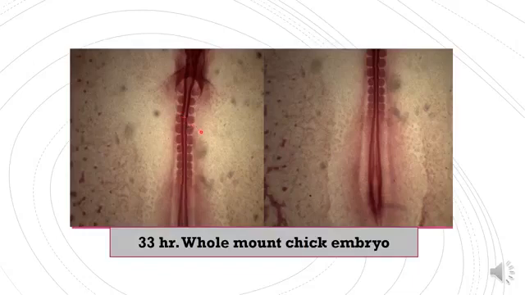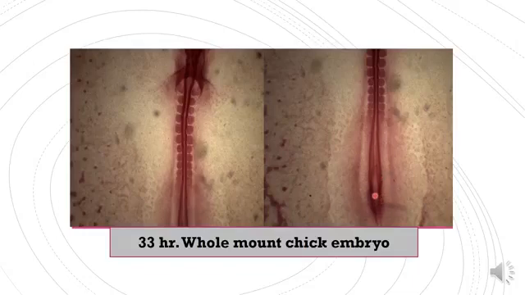Caudally, you can see this is the primitive streak, and at the anterior end of the primitive streak is the primitive pit, and the dark region surrounding the primitive pit is called the primitive knot.